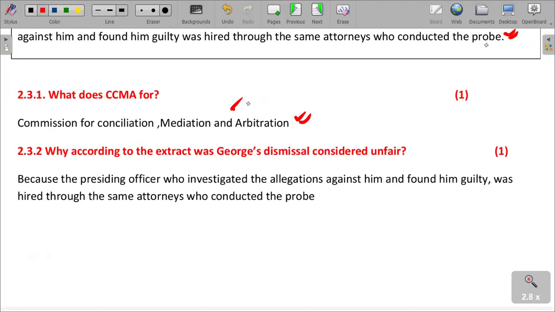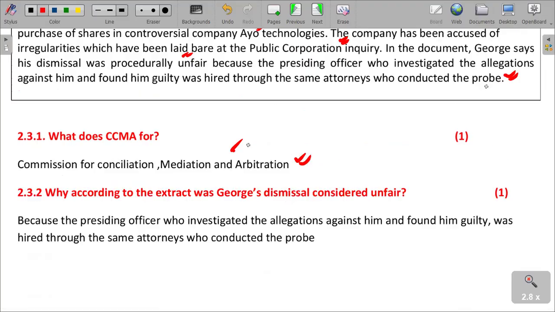Why, according to the extract, was George's dismissal considered unfair? According to the context, it was procedurally unfair because the presiding officer who investigated the allegations against him and found him guilty was hired through the same attorneys who conducted the probe, the investigation.